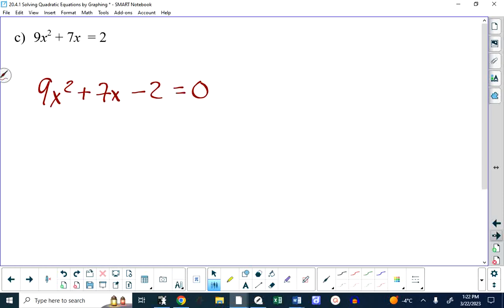So now you're going to graph this. I'm going to write down in a different color that you are graphing this, but from here on for the rest of the lesson, I'm not going to write that anymore. You should know you're just graphing y equals, you're finding the x-intercepts. So I would like you to determine the solutions to this equation.